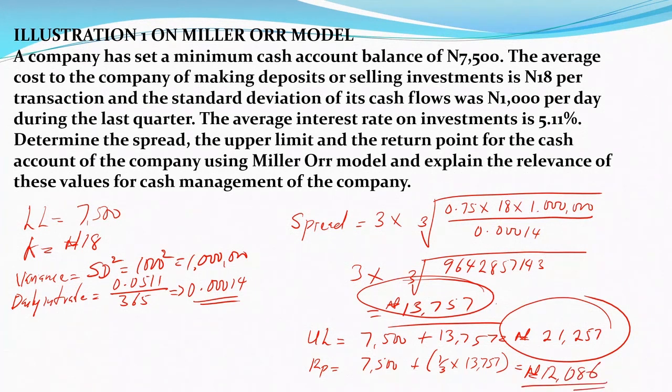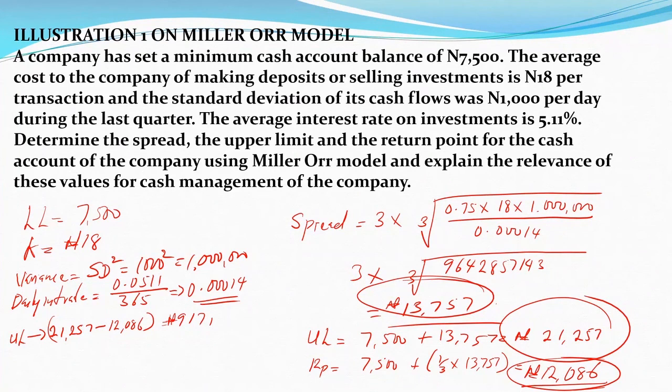So what that means is, if my cash gets to the upper limit of 21,257, I will need to buy inventory worth 9171, so as to bring my cash back to 12,086.